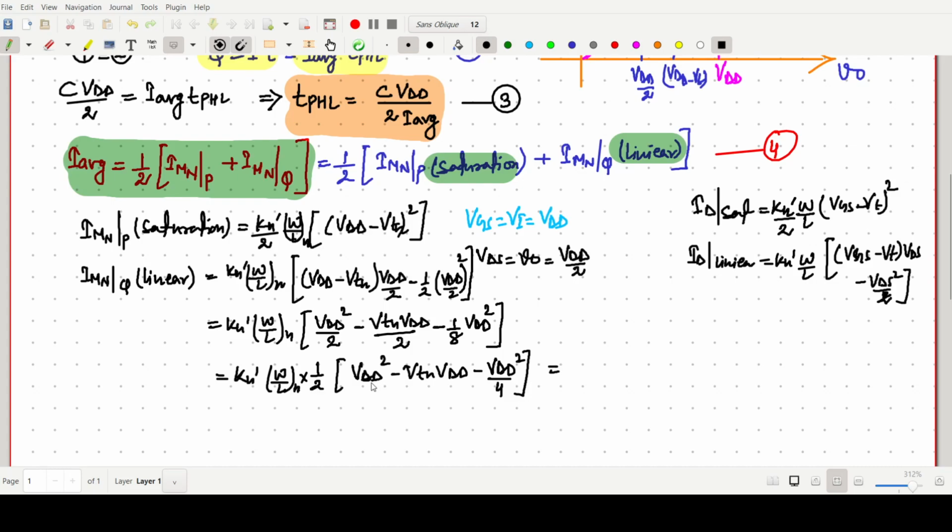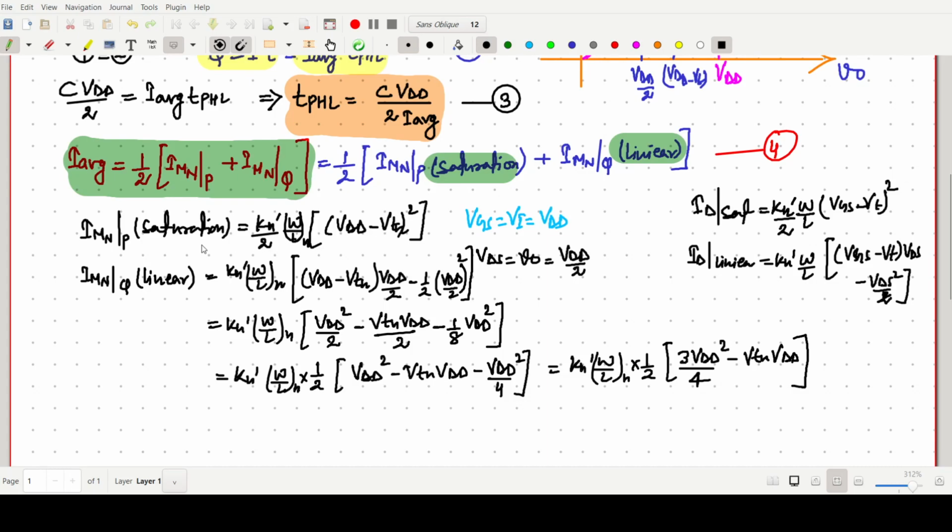Now again, this one is VDD square and this one is minus VDD square. Please follow a step by step procedure to solve this type of thing very carefully. 4 minus 1, so it should be 3 VDD square by 4 minus VTN VDD. Okay.